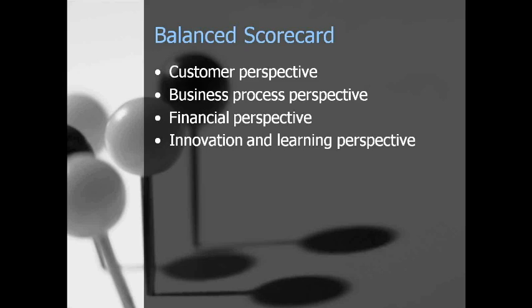And then the 4th one is an interesting one on a balanced scorecard. How innovative are we? How are we doing at learning new techniques, new ways of doing things?